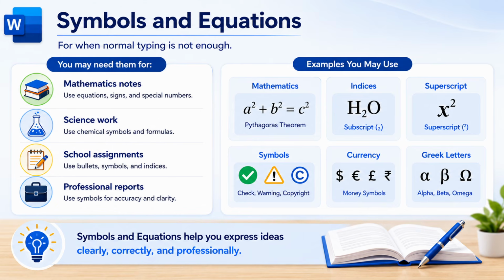If you are preparing mathematics notes, science work, a school assignment, teaching material, or a professional report, you may need special symbols, small raised numbers, small lowered numbers, or proper equations. And don't worry, this is not a mathematics lesson. We are simply learning how Word helps us write these things neatly and professionally.